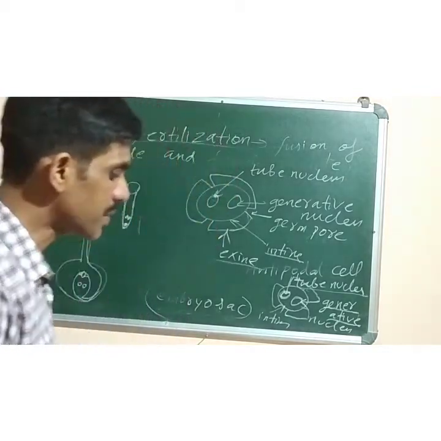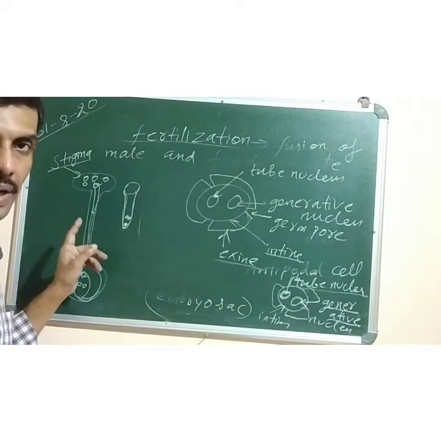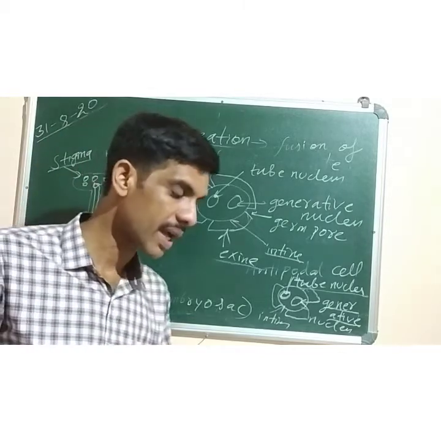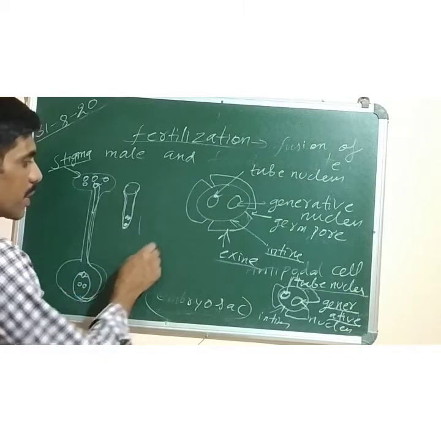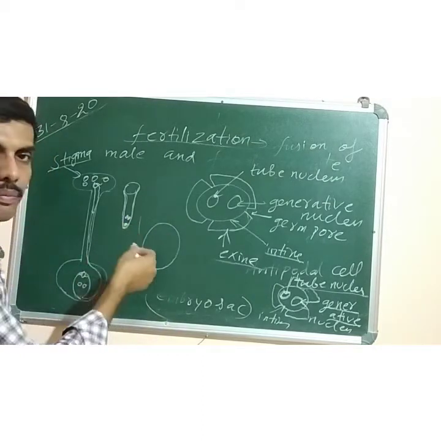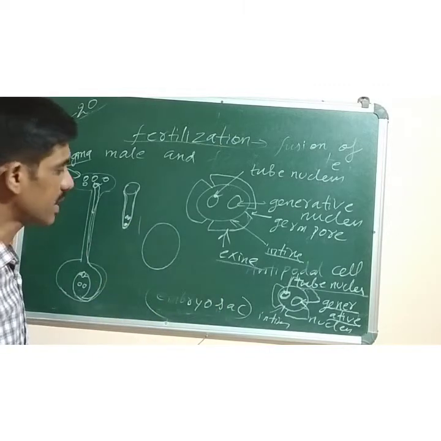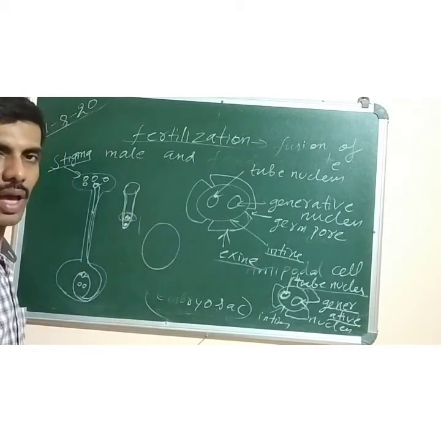Now next is entry of pollen tube into the ovule. First the pollen tube will enter inside the ovule, then it will enter inside the embryo sac. After entry inside the embryo sac, the tube nucleus has no function, so it will degenerate and the pollen tube will release both the male gametes inside the embryo sac.